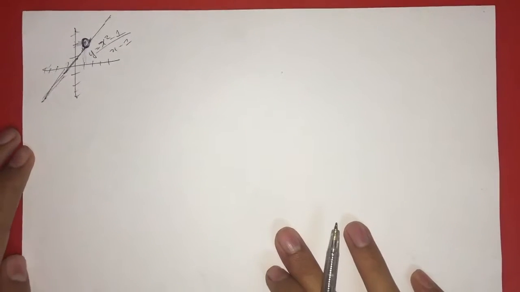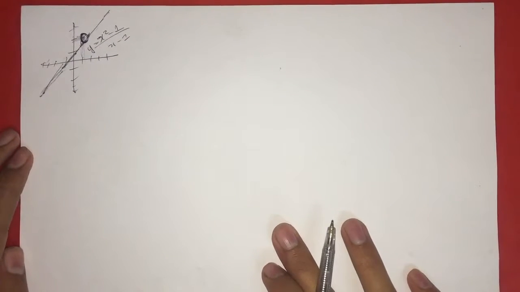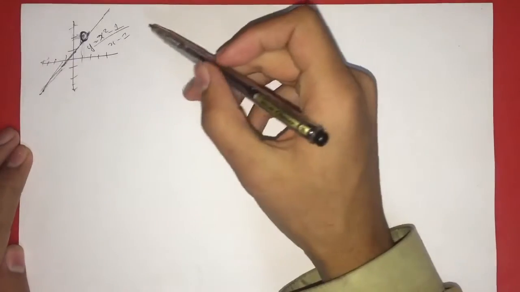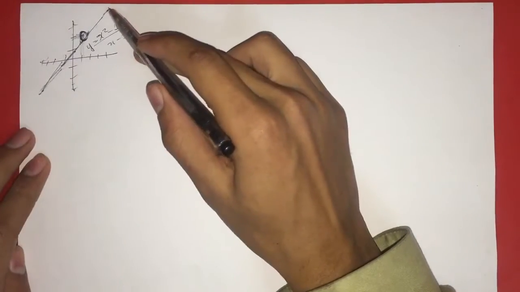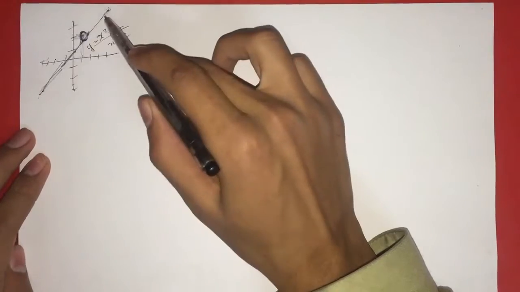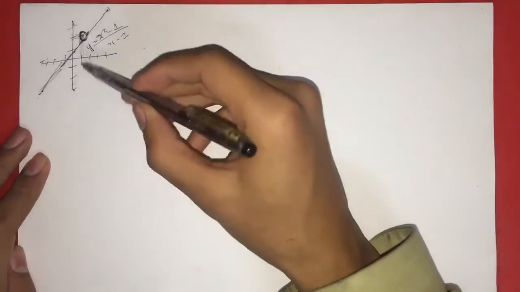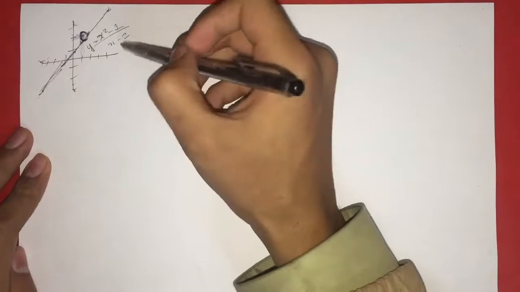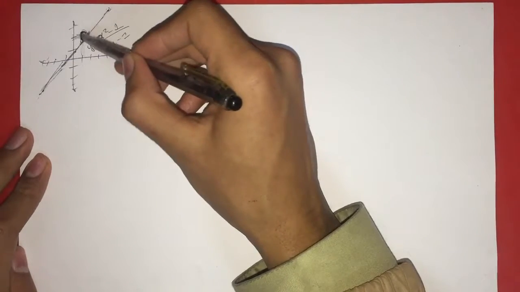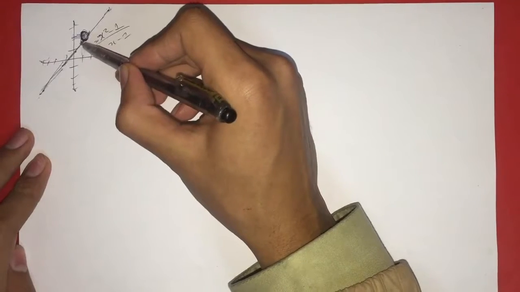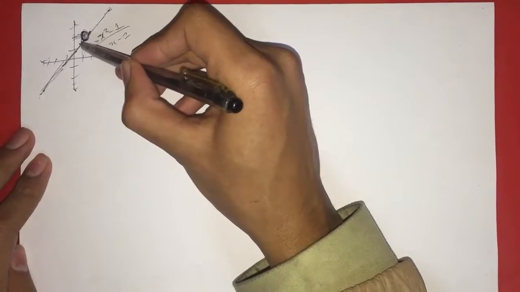A limit just basically tells us where the function is being approached. It gives us an estimate of where it would have been if the function wasn't undefined. Here at this point the function is undefined, but on the rest of the points on this line the function is defined.